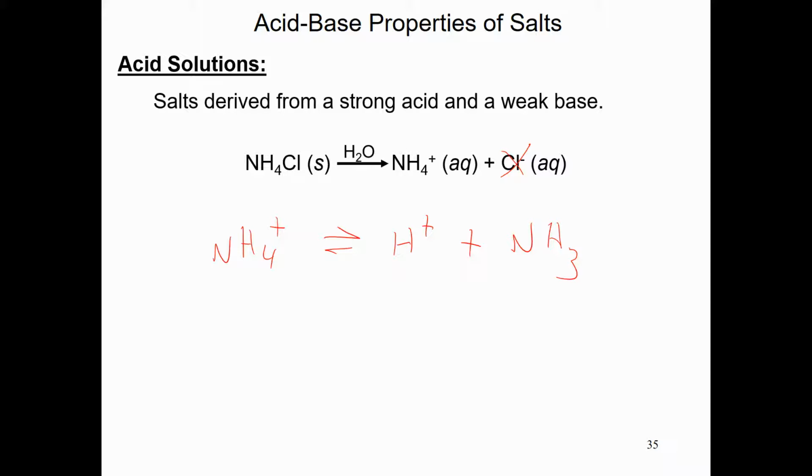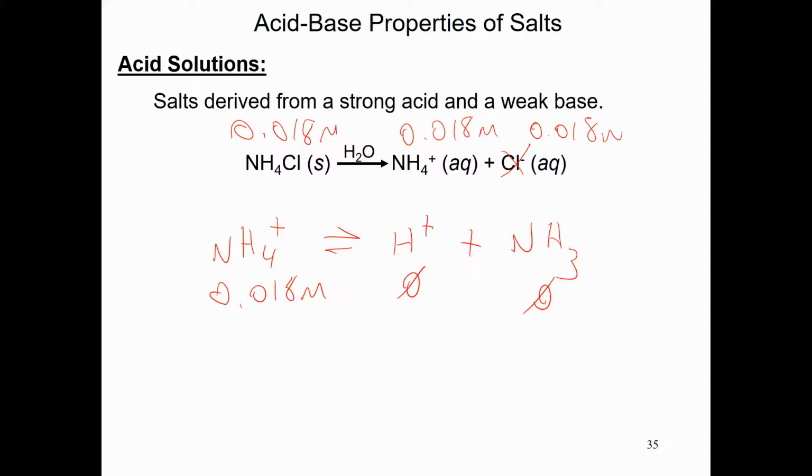So if my ammonium chloride concentration was 0.018 molar, then these would all be 0.018 molar. Chlorine doesn't do anything, but this would start out at 0.018 molar. These would be at 0. And then I could solve for H plus, right? And I can determine the pH of that solution. So we're going to have to know how to break it up just like that.